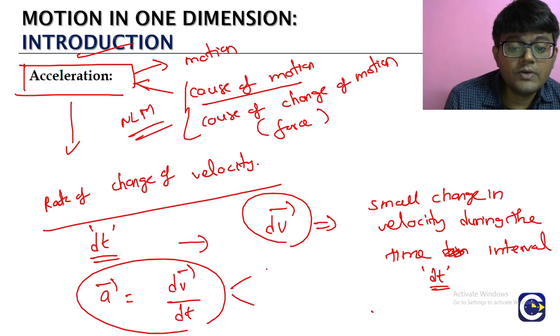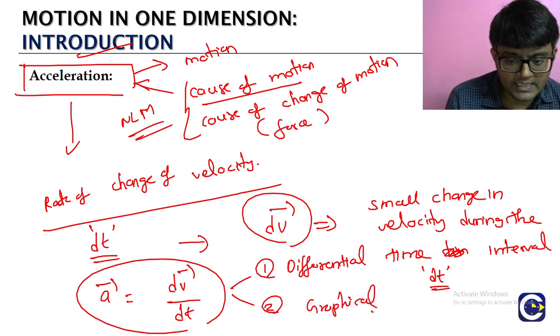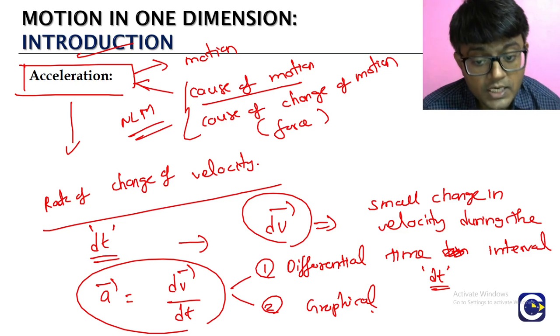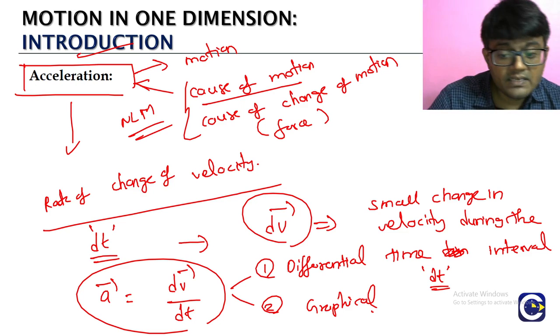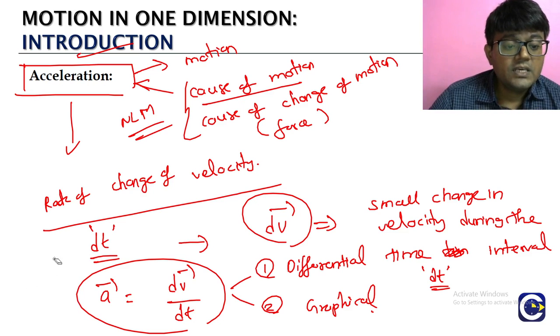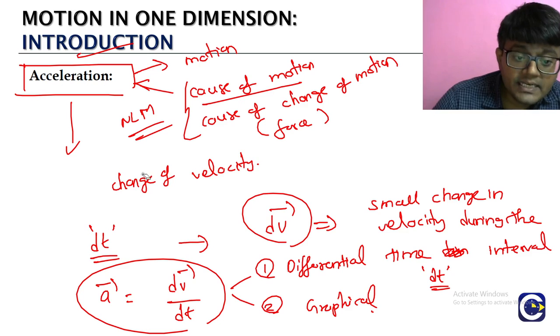Again, how are we going to get these values? Either by using the differential method or by using the graphical method. We will get the instantaneous acceleration value by using either the differential method or the graphical method. So this is how we define average acceleration and instantaneous acceleration.